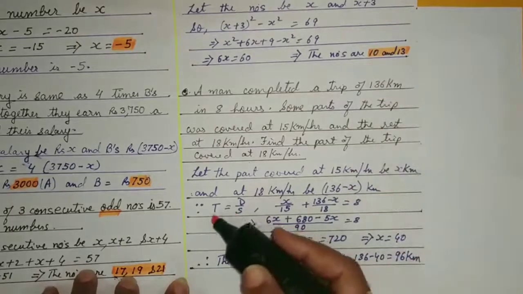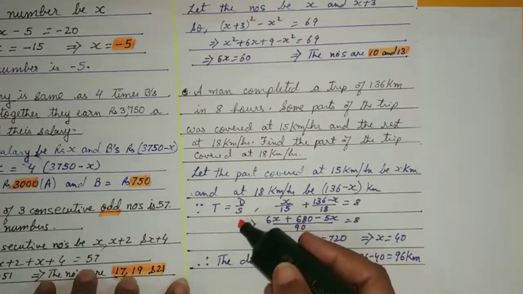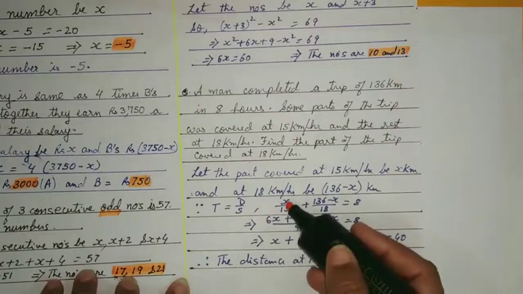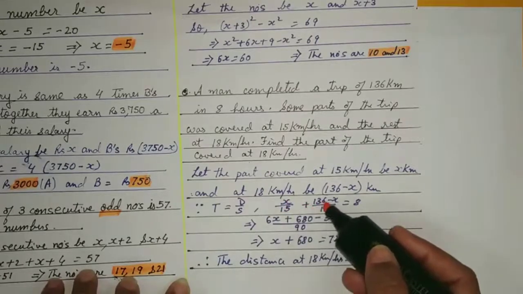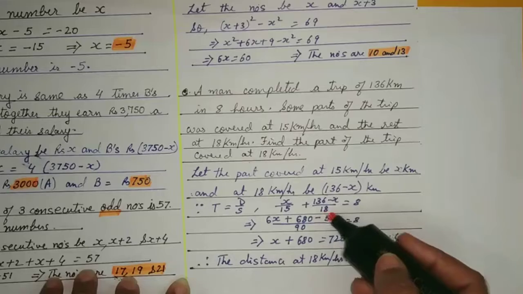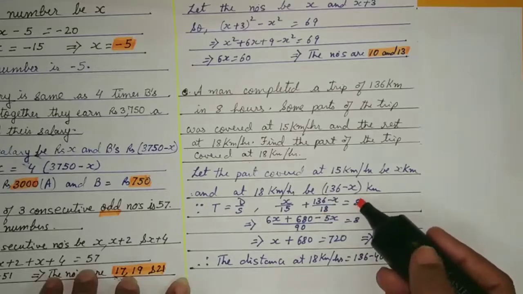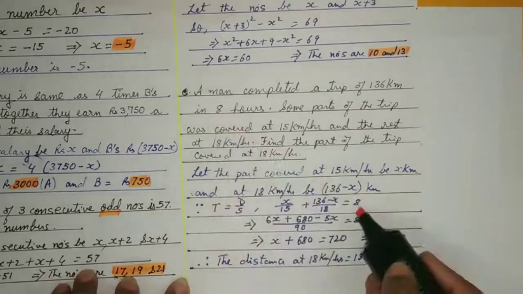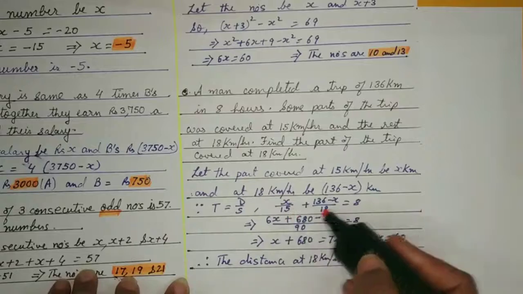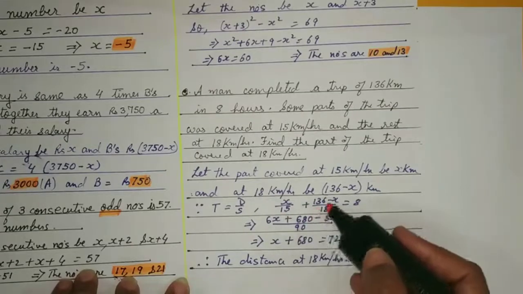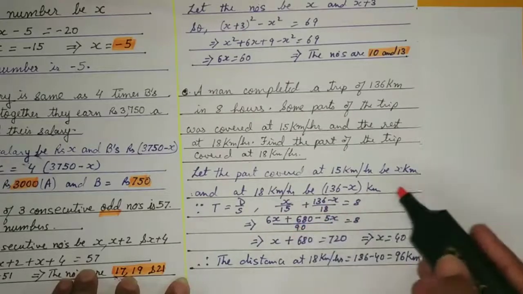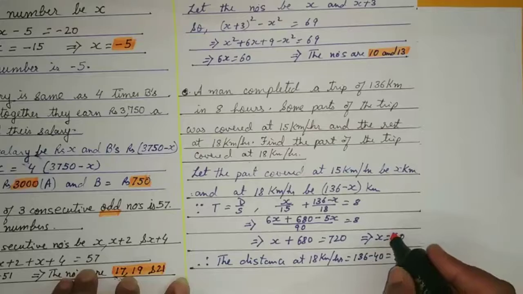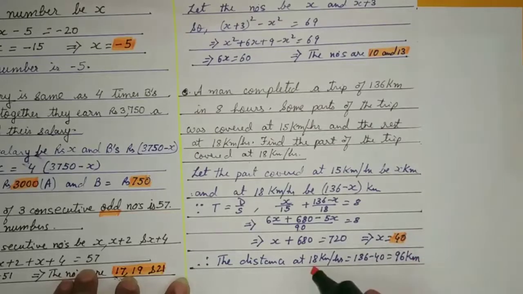Since we know that time is equal to distance by speed, we know that x by 15 plus 136 minus x by 18 is equal to 8, because the total time taken was 8. On taking the LCM, subtracting the fractions, cross multiplication, x came as 40, but we wanted the distance at 18 kilometers per hour.